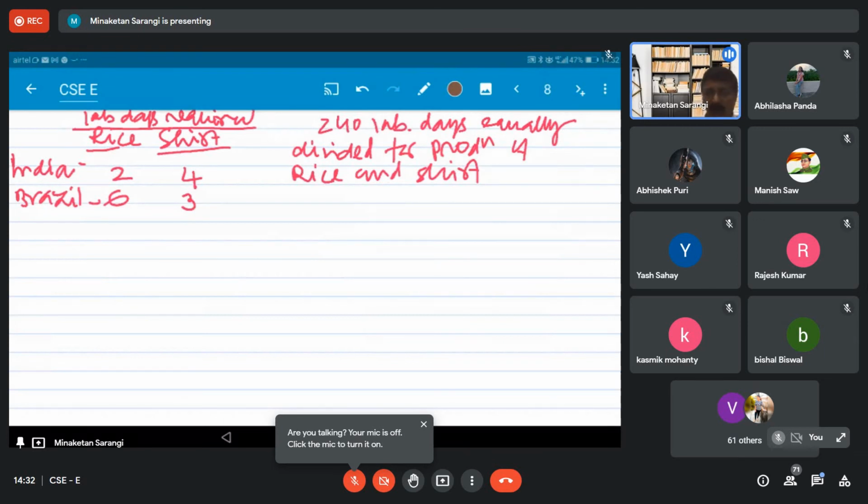Now, if we observe, India enjoys absolute advantage in the production of rice and Brazil enjoys absolute advantage in the production of sat. Once each country is enjoying absolute advantage, we will not analyze the trade through comparative advantage.